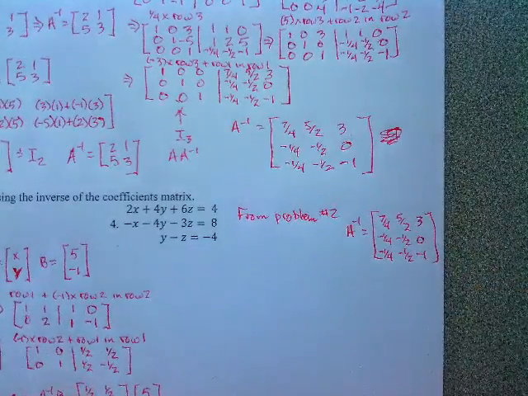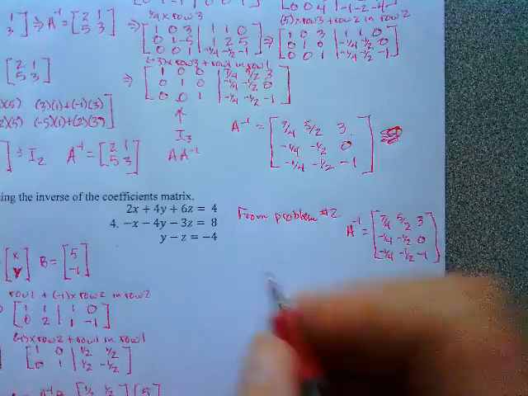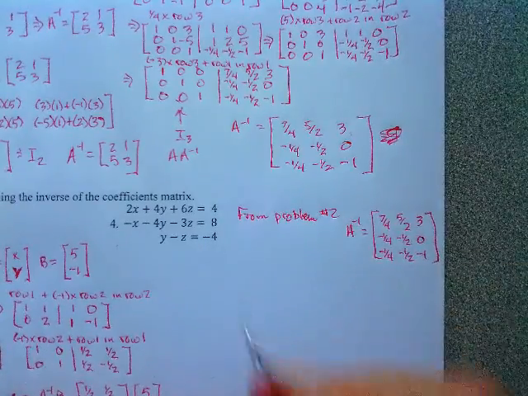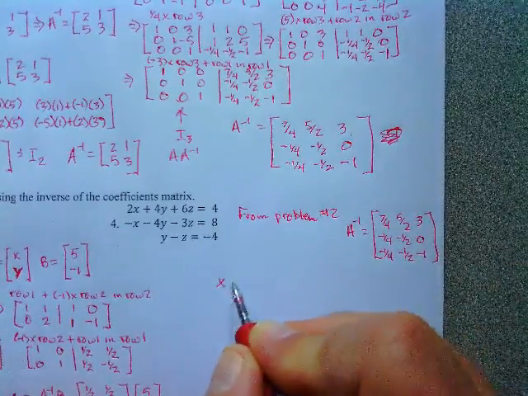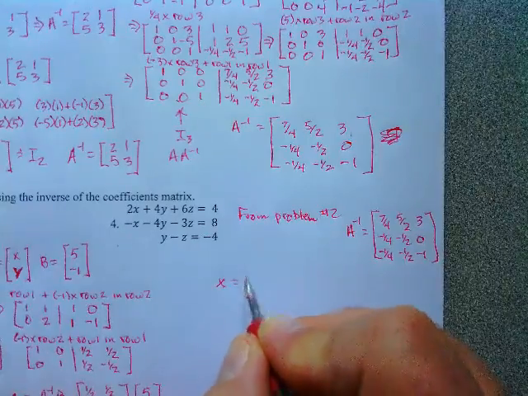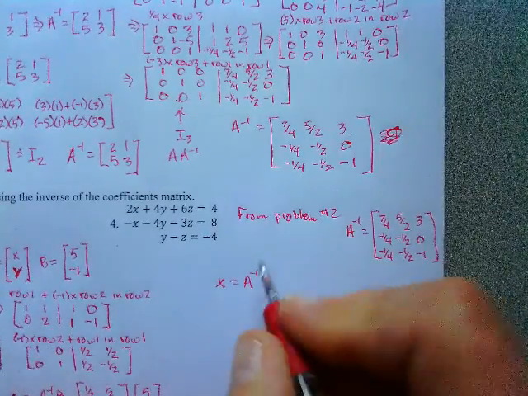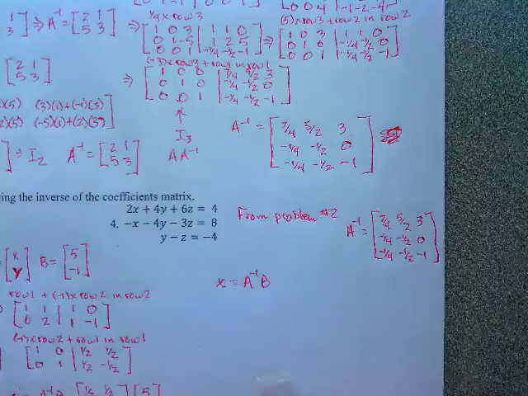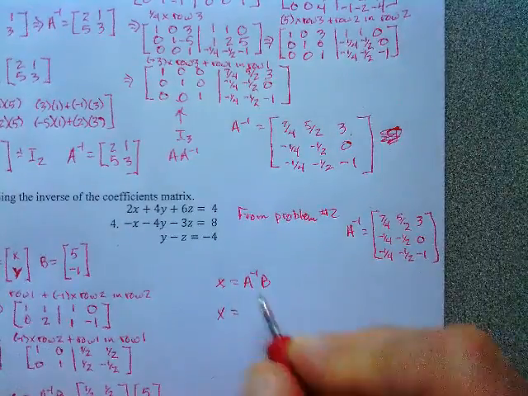So we already have that, and since we already got our inverse, we can now go ahead and simply say, well, then x is going to equal the inverse times b.